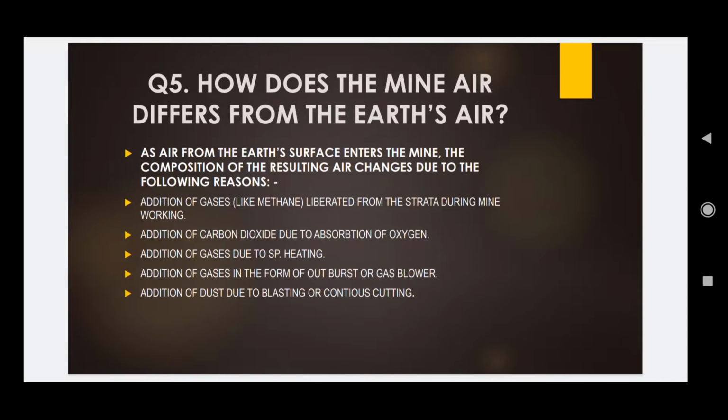Similarly, gases are released during spontaneous heating, and some gases are obtained in the form of outburst and gas blower. Generally, in coal mines, we get methane gas in the outburst and gas blower. We all know that blasting and cutting involve liberation of dust. Though spraying is done, there is a slight emission of dust.